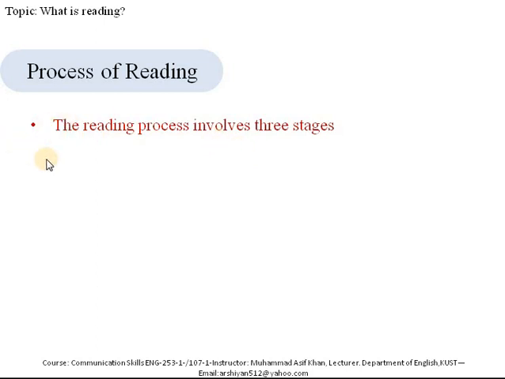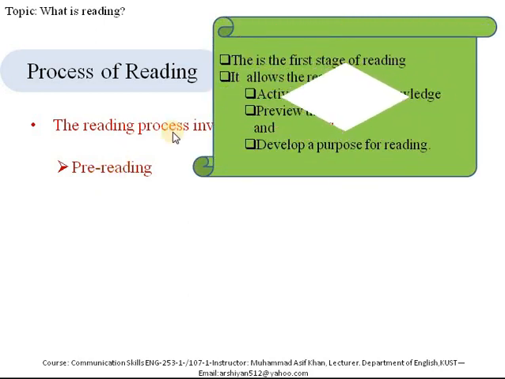The first stage is pre-reading, and in this stage the reader activates their background knowledge. We preview the text and develop a purpose for reading. So that is the first stage of reading, which is called pre-reading.